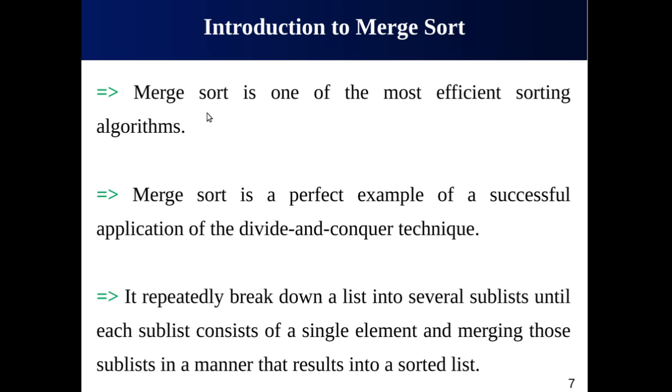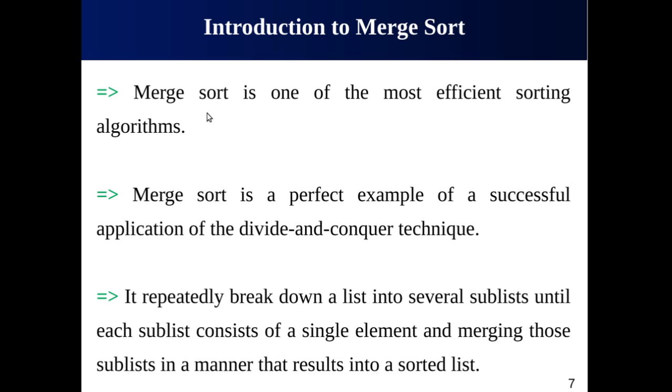The algorithms that we have studied until now, like the bubble sort algorithm, the insertion sort algorithm, and what was the third one? Yes, the selection sort algorithm. These three algorithms are not that efficient because their running times are n square and n.